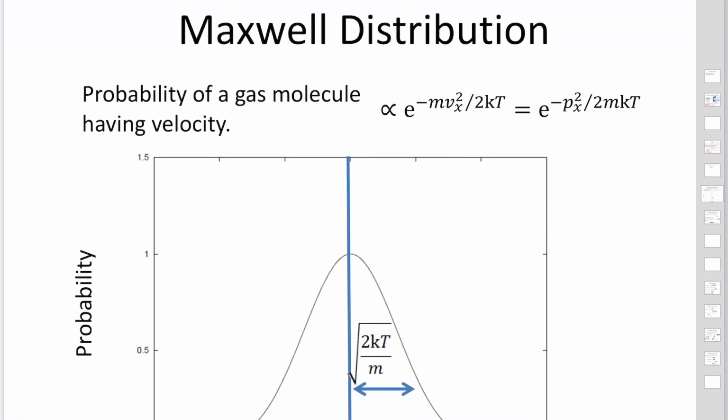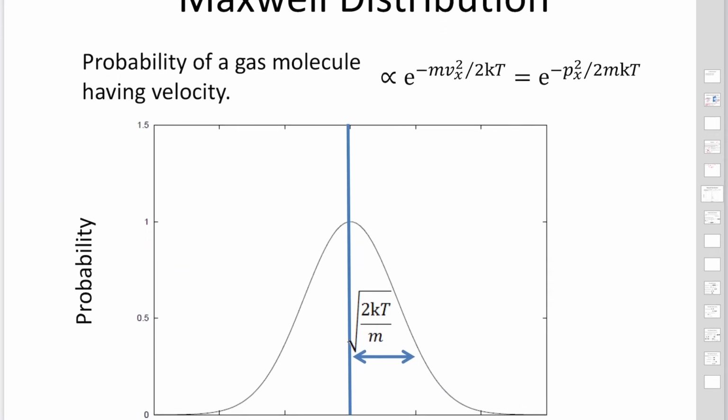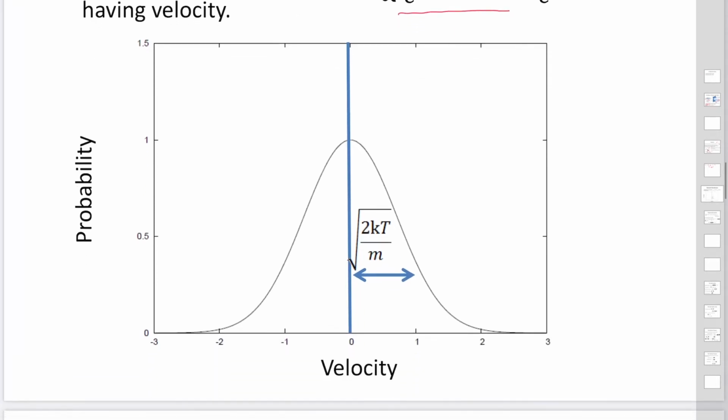James Maxwell found out that the probability of gas molecules having a given velocity follows a Gaussian distribution. So the horizontal line is the velocity, and the vertical line is the probability. So particles exist in these regions.